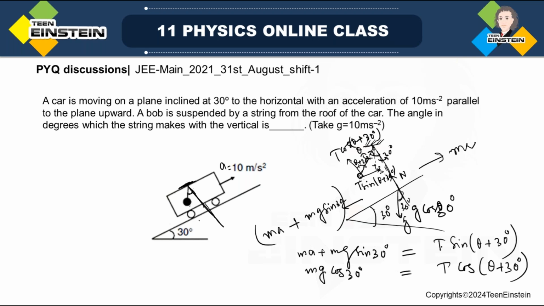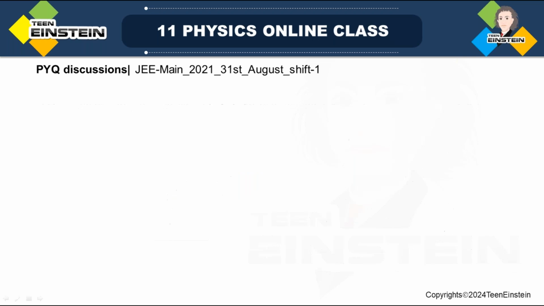If I take the ratio of these two, I'll just write on the other page. I have T sin of theta plus 30 degrees equal to mg sin 30 degrees plus the pseudo force on the bob, that is m into a.